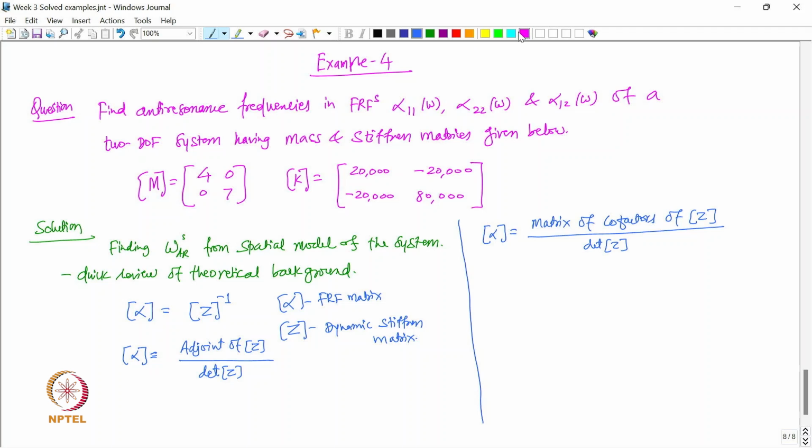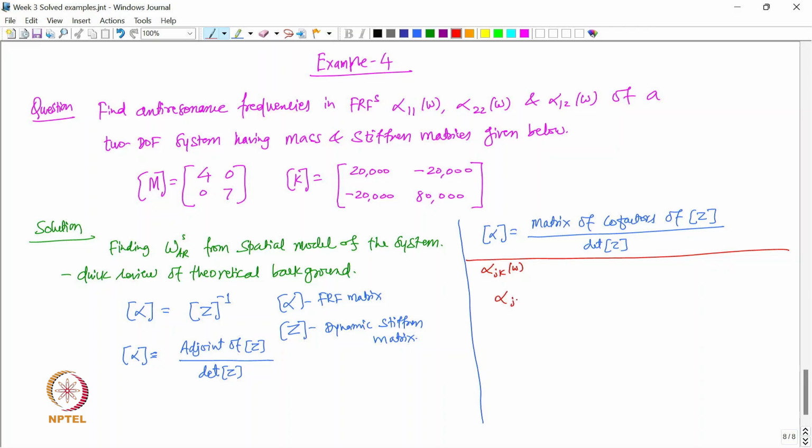Now, let us focus our attention on a particular FRF JK, right. So, if you are interested in a particular FRF alpha JK, then let us use this expression to write that.